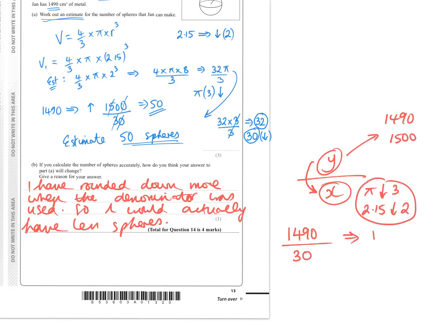But if I take the numerator and keep it at 1490, but actually say this was 33, then it's like I've got a number divided by more things in equal parts. So it's like I've got this many cakes, but more people turn up. So I'm actually going to get less. So I don't like that for 1 mark really, and I think that would be quite difficult to explain. But there you go. This paper I think is quite difficult overall.